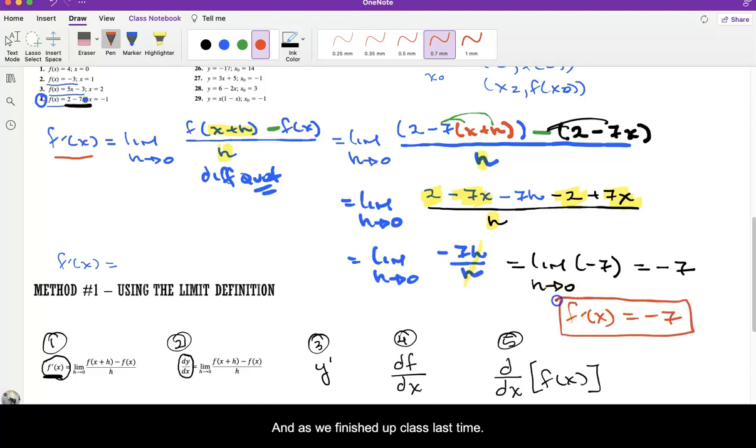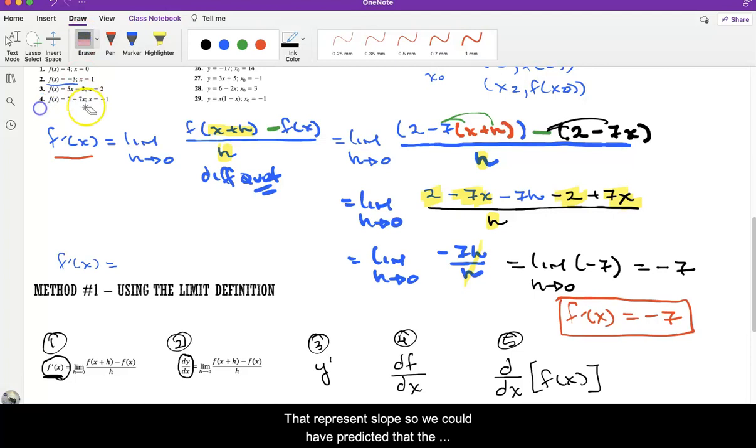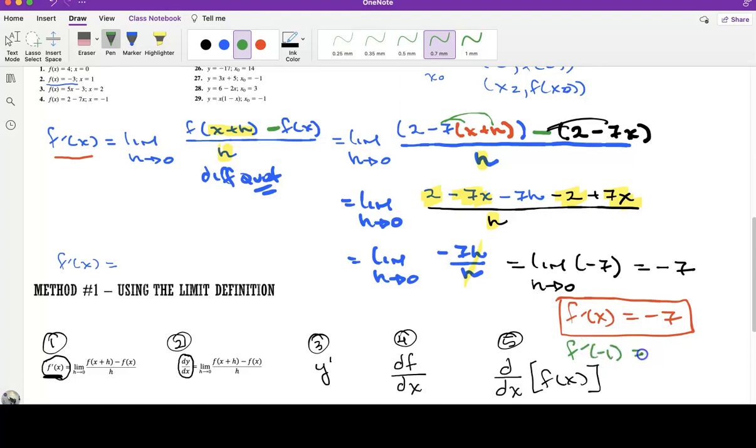And as we finished up class last time, anytime you have something linear, the value in front of x represents the slope. So we could predict that the slope of this linear function was going to be negative 7. And now what they're asking us a step further is to find f prime at negative 1.